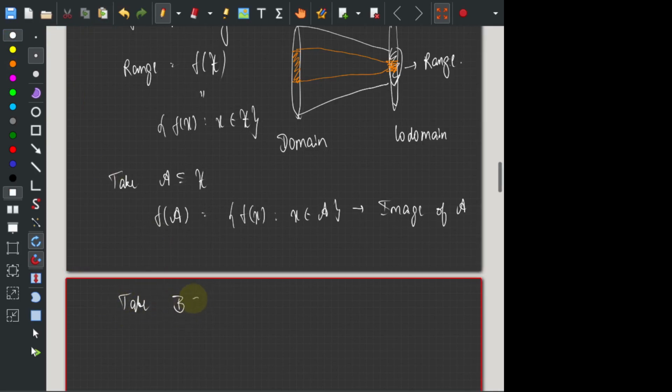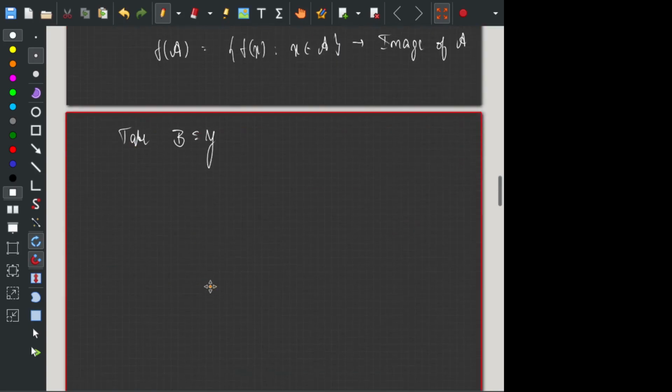So I take some B, subset of Y, and I say f inverse of B is the set of all x such that f of x is in the set B. This is what I call the inverse image of B.